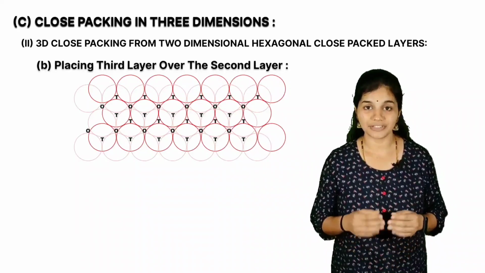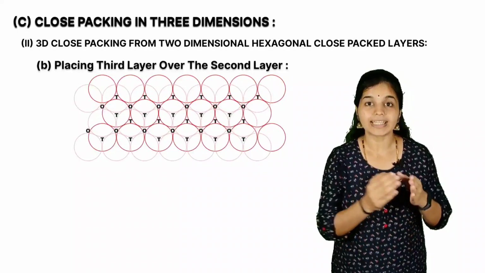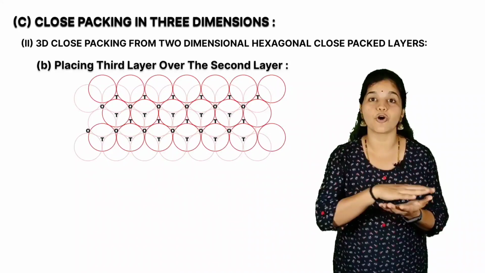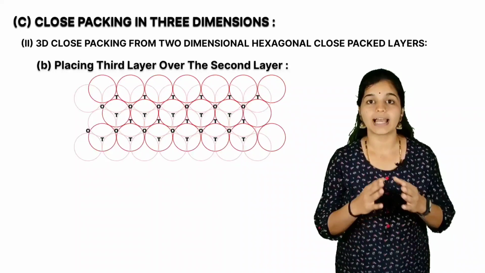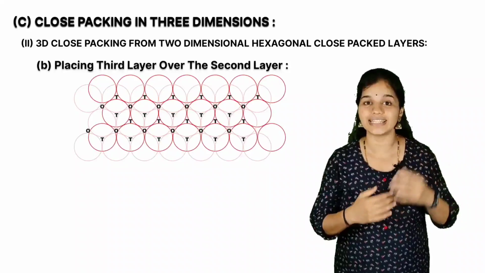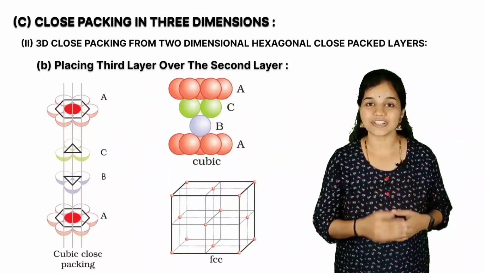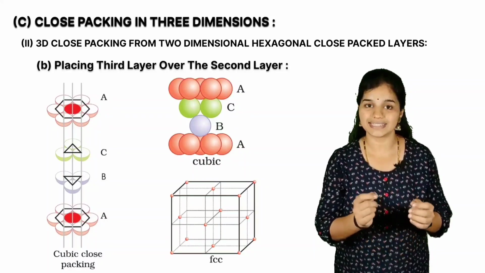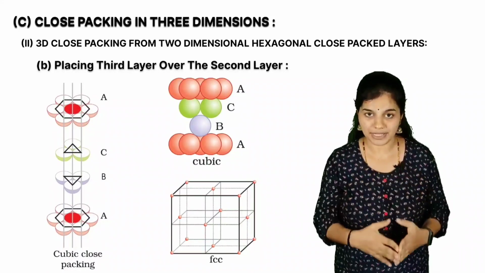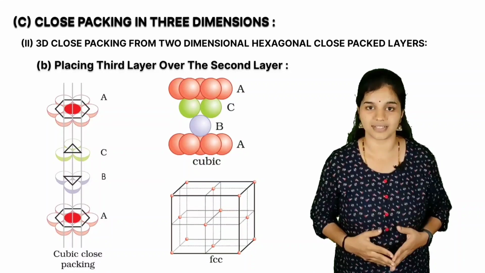Instead of this, if the third layer is placed above the second layer in such a way that its spheres cover the octahedral voids, the alignment of spheres of the third layer is different from that of the first as well as the second layer. So this arrangement is called C type. Only when the fourth layer is placed, its spheres are aligned with those of the first layer.